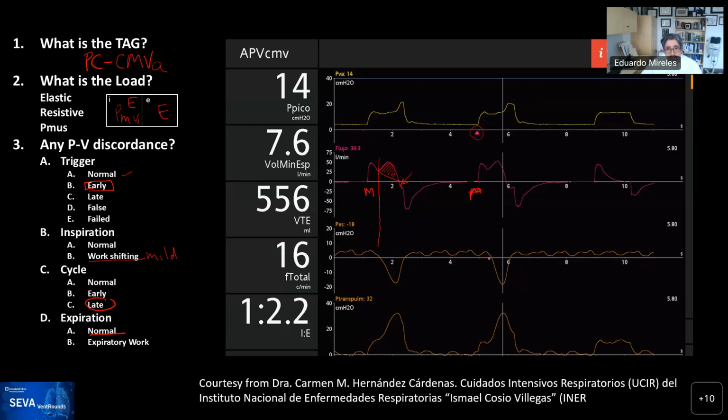Actually, if we look at the next one, it's exactly the same, and you can see here this waveform, and it matches with what we see on the flow waveform, right? And so this breath that the machine detected as a patient-triggered breath was triggered by a cardiac oscillation. A cardiac oscillation. I mean, isn't that something?